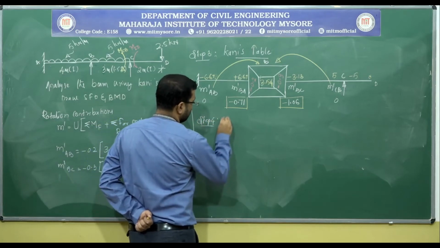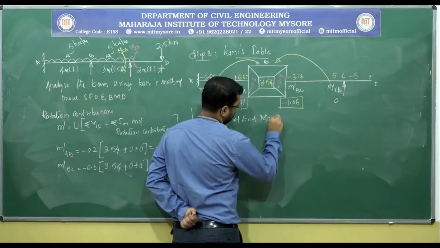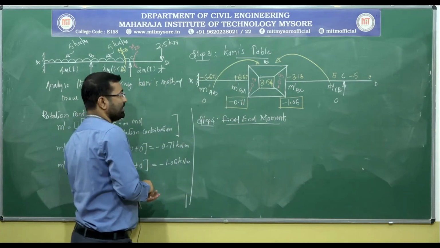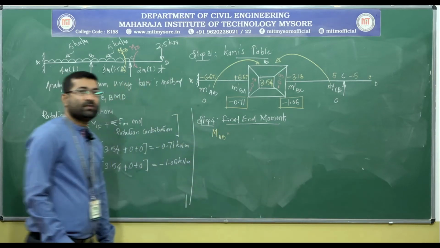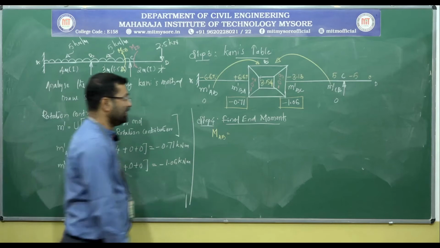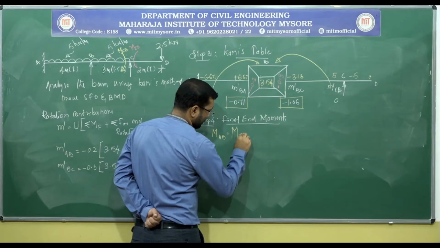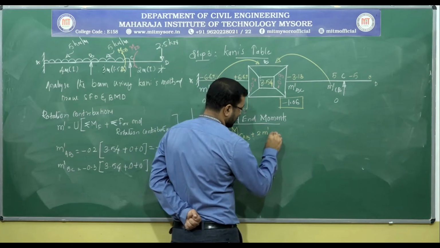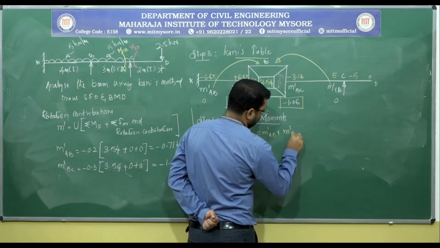Step number 4, final end moments. So MAB is equal to, what is the formula? The formula to estimate the final end moments as per Kani's method is MF AB plus 2 times the rotation contribution at the near end plus 1 times the rotation contribution at the far end.